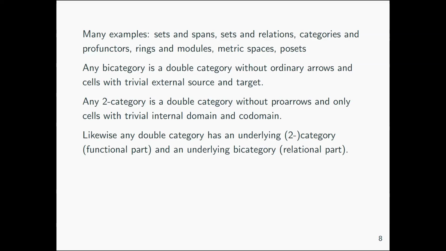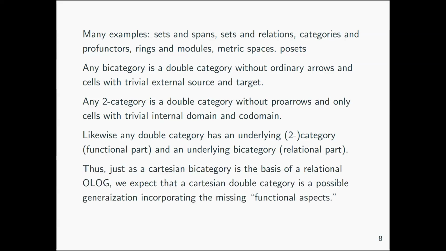I like to think of these as the relational part and the functional part. And so that is kind of what's going on here: we're looking for some kind of double category with some extra structure that gives us something like a double categorical OLOG that would generalize both the relational OLOG and the functional OLOGs. So that's what we're going to work up to.